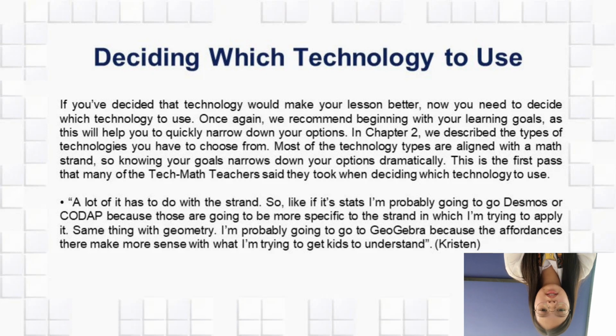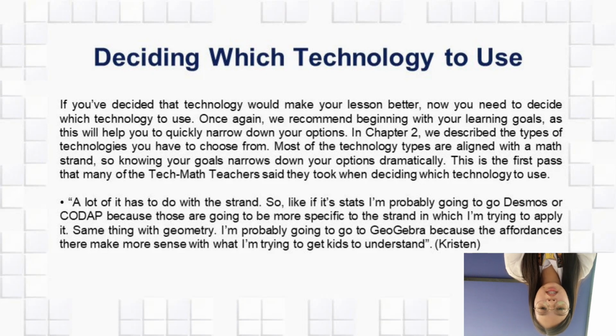My lesson is all about deciding which technology to use. If you decided that technology will make your lesson better, now you need to decide which technology to use. Once again, we recommend beginning with your learning goals as this will help you quickly narrow down your options. In Chapter 2, we describe the types of technologies you have to choose from, most of the technology types align with a math strand, so knowing your goals narrows down your options dramatically.